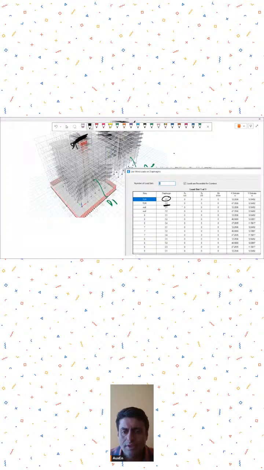Now you will see D1, D2, D1, D2, D1, D2 at every floor. Whatever wind forces you have calculated, you can apply over here with each respective tower at each respective floor location. So this is what you can do. Is this clear?